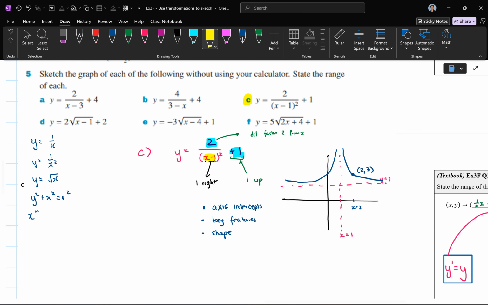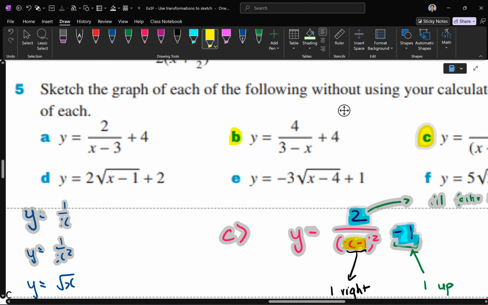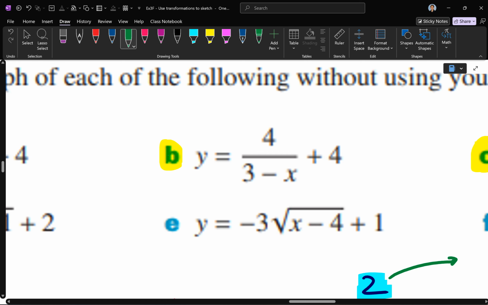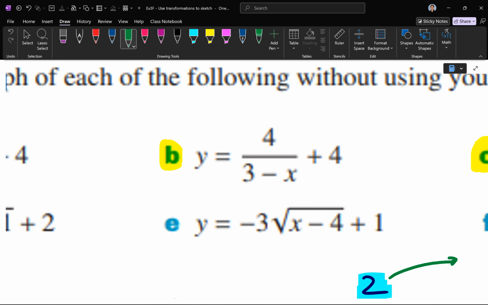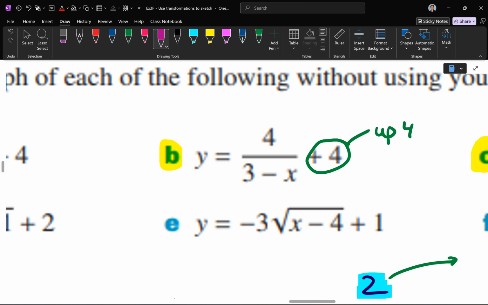It's about identifying the transformation. So maybe another tricky one is B. Let's just read the transformation for B. Give me one transformation that you can see. Let's go with Noah. What do you see? Good. This one's up. Up 4. Give me one transformation that you can see. Let's go with Ella. Oh, no, just any transformation.